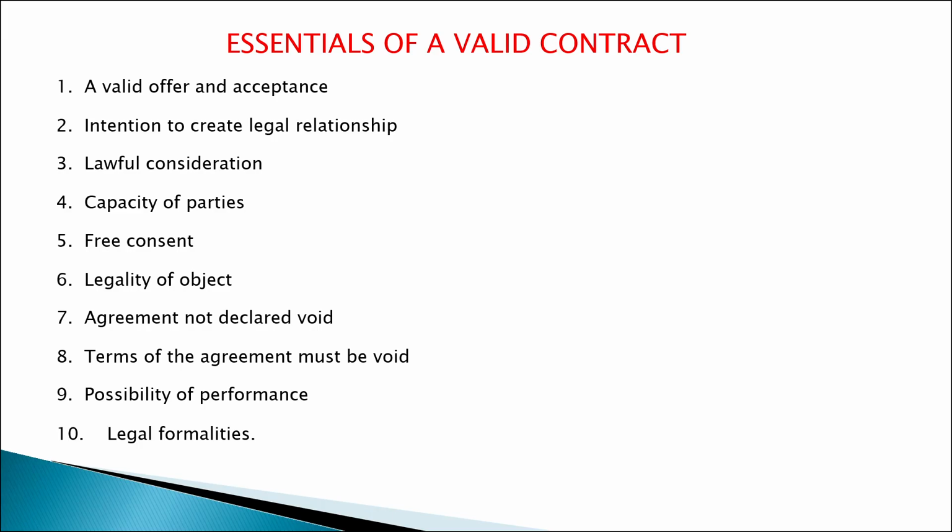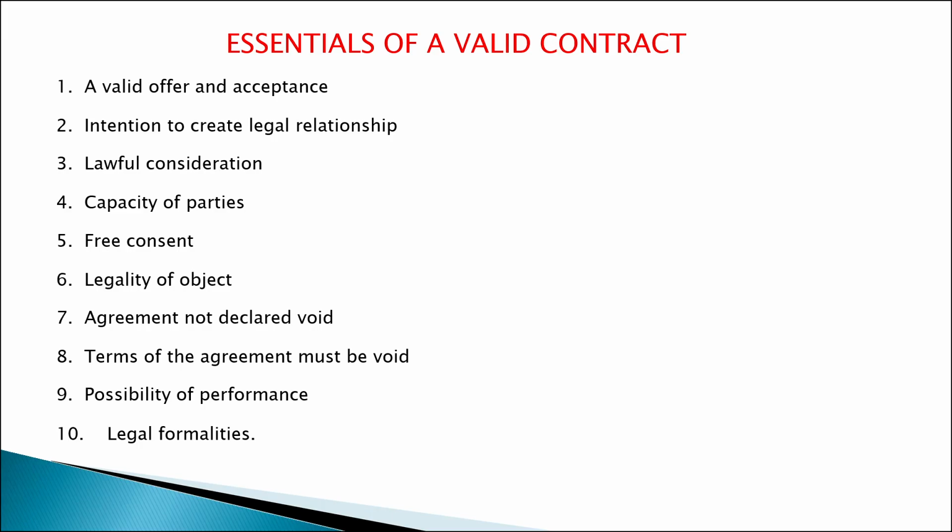So, a valid offer and acceptance. A contract is a valid contract only when there exists a valid offer and its valid acceptance. The terms of the offer must be precise and clear. The acceptance of the offer must be absolute and unconditional.